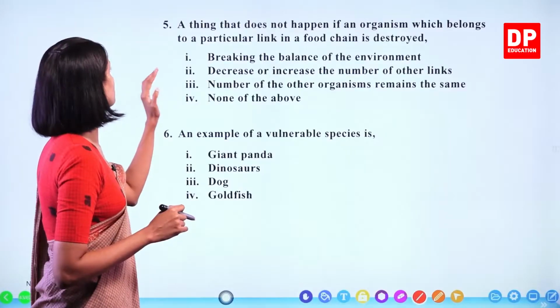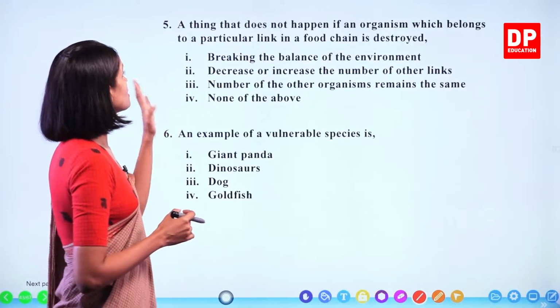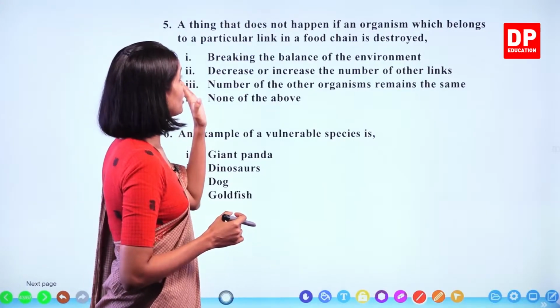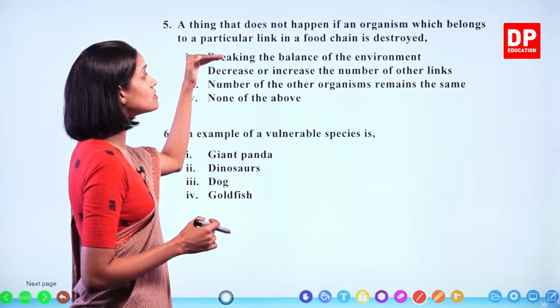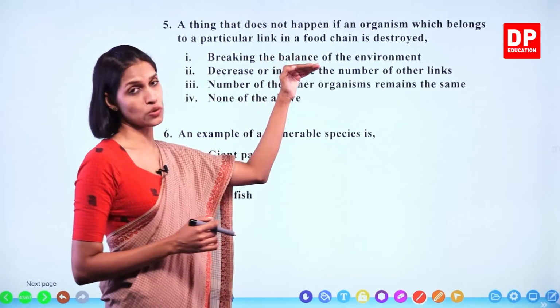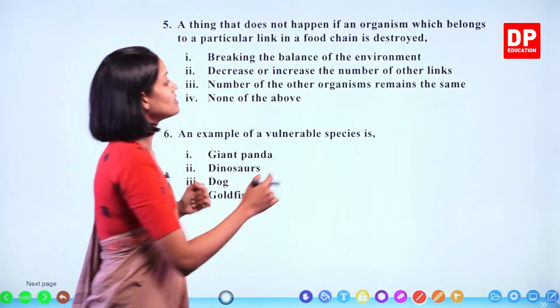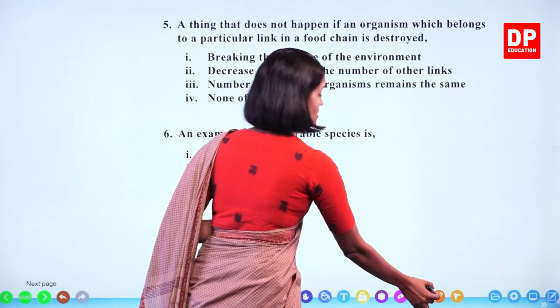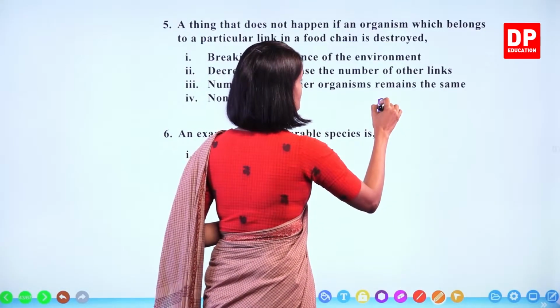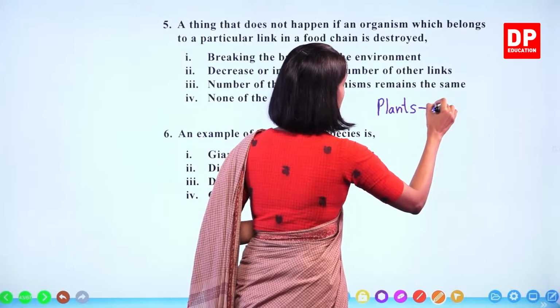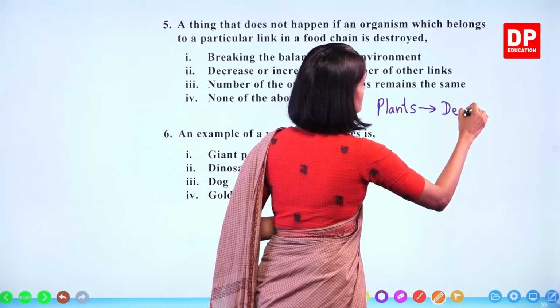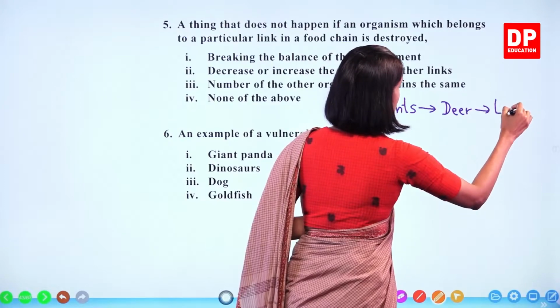Number 5. A thing that does not happen if an organism which belongs to a particular link in a food chain is destroyed. Do you remember we learned this, right? So the plants consumed by deer and then leopards.